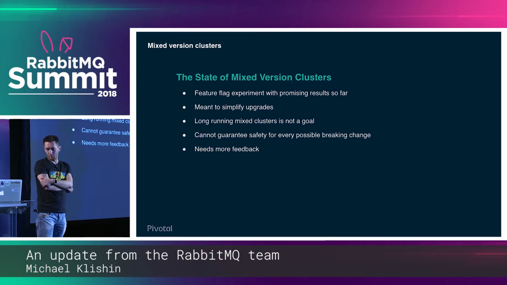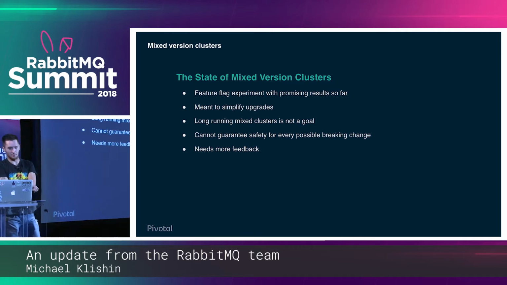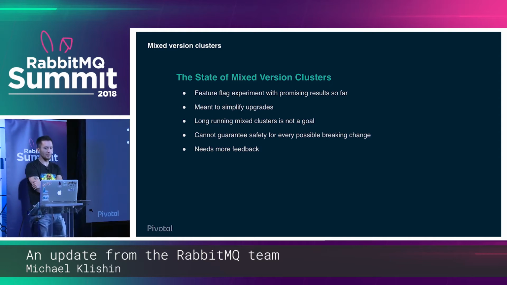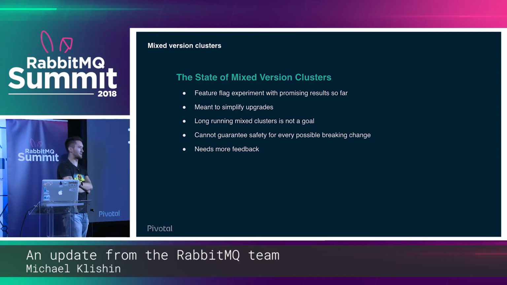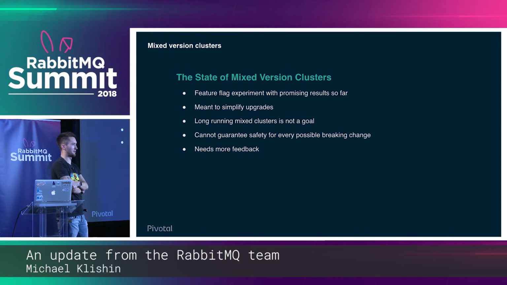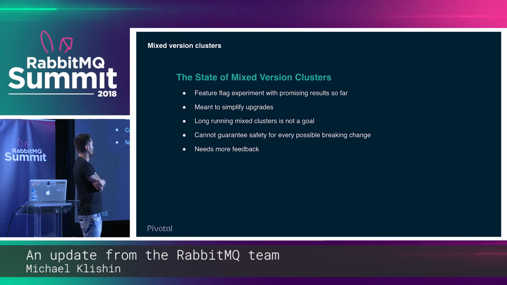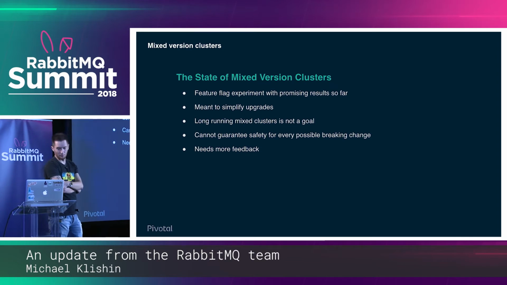So what's the state of mixed version clusters? Again, we have a pretty promising experiment. It's meant to simplify upgrades, so we don't expect people to run mixed versions for a long time. It honestly makes no sense, especially with feature flags. Why would you run a 3.8 node if you cannot use any of its features? Unfortunately, a long-running mixed cluster is not a goal there.